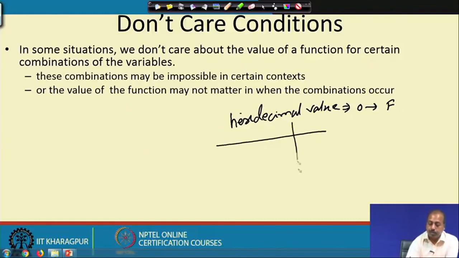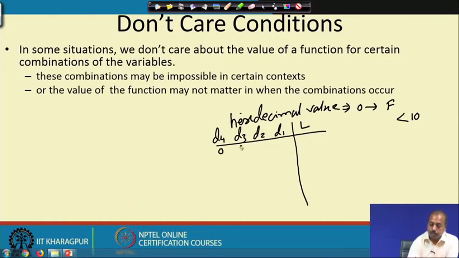So, this input is 4 bit: D1, D2, D3 and D4. Whenever the value is less than 10, one light will glow, and whenever the value is more than 10, the light will not glow. The light will be off.